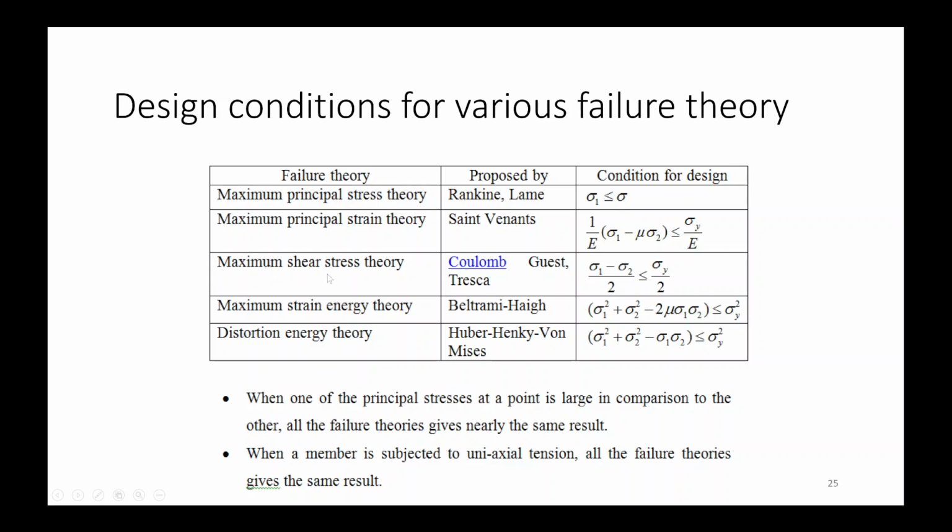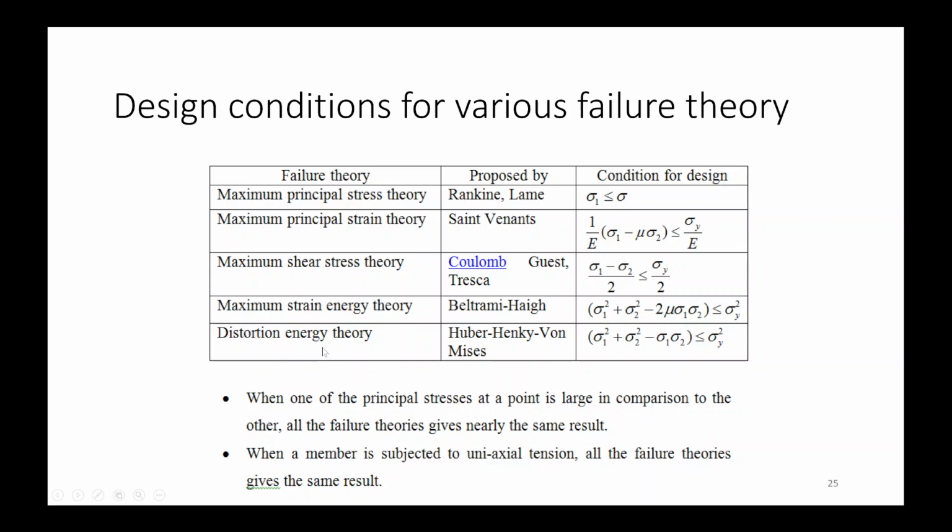In maximum shear stress, again sigma 1 minus sigma 2, so two principal stresses are used. In the strain energy theory, we are using strain energy, so it is in terms of squares, and E is in the denominator, so that cancels from both sides.